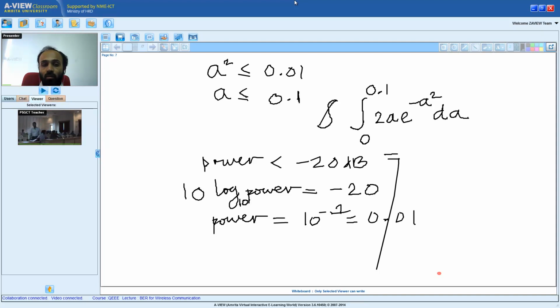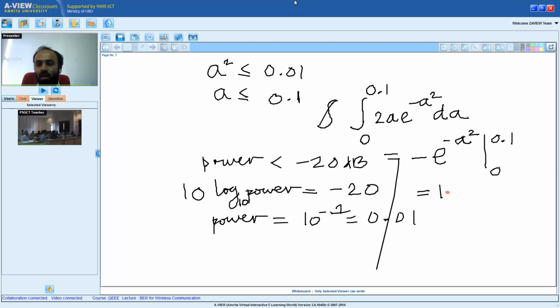Minus e power? Minus a square, correct, exactly, minus e to the power of minus a square between the limits 0 and 0.1, and therefore what is the answer?